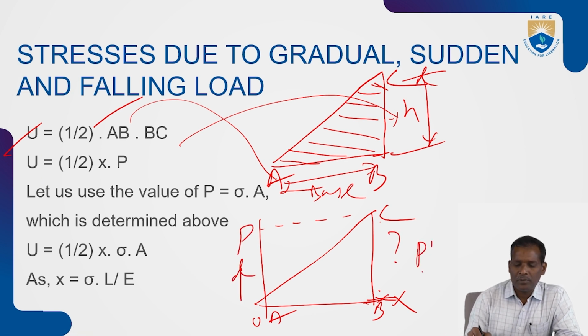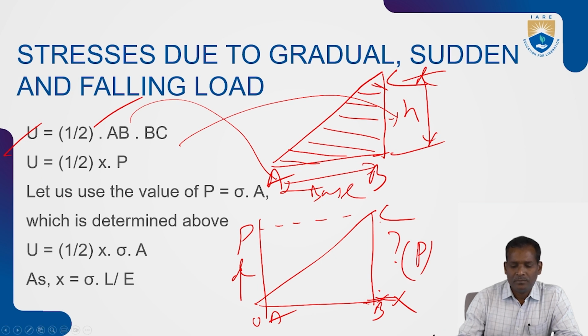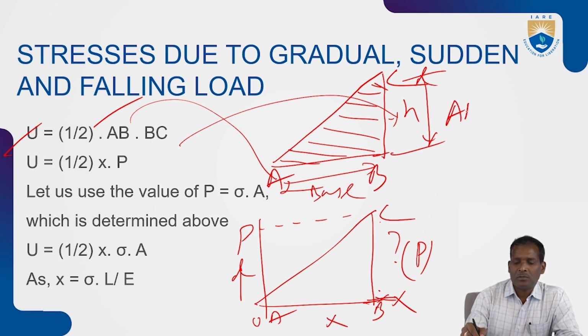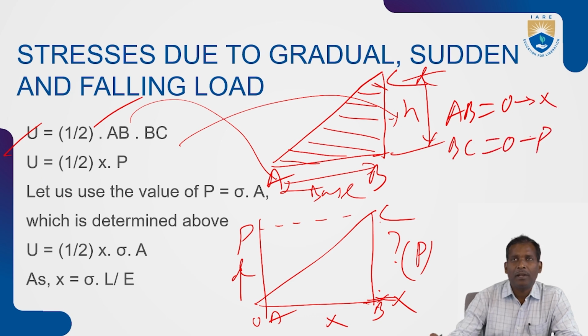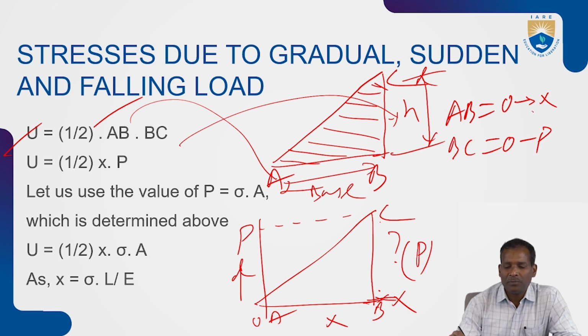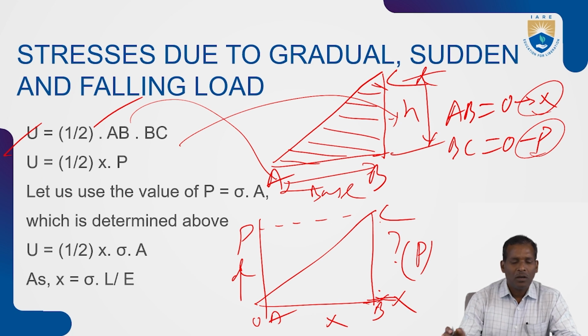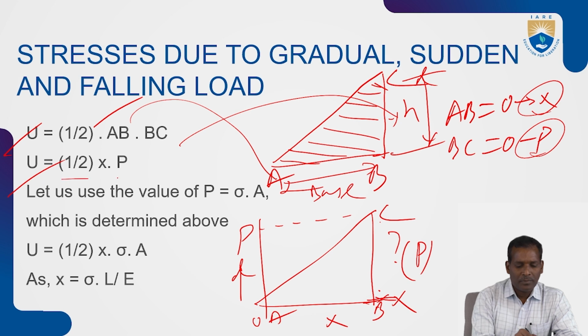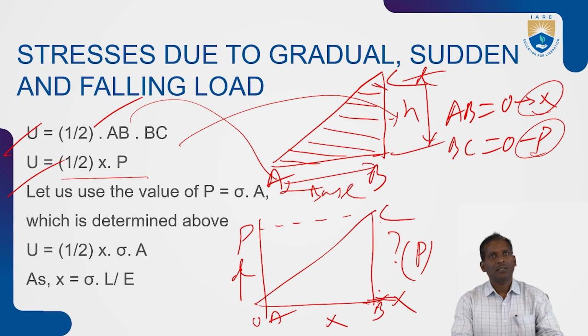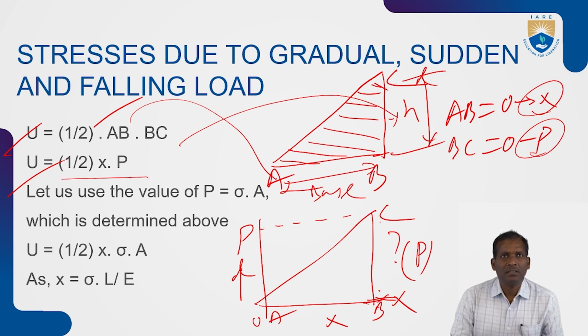Therefore, this value is P. AB is 0 to X, so AB is equal to X and BC is equal to P. The maximum reached deformation is X. The maximum load is P. So therefore, the strain energy is equal to half multiplied with AB, that is X, and BC, the P value.